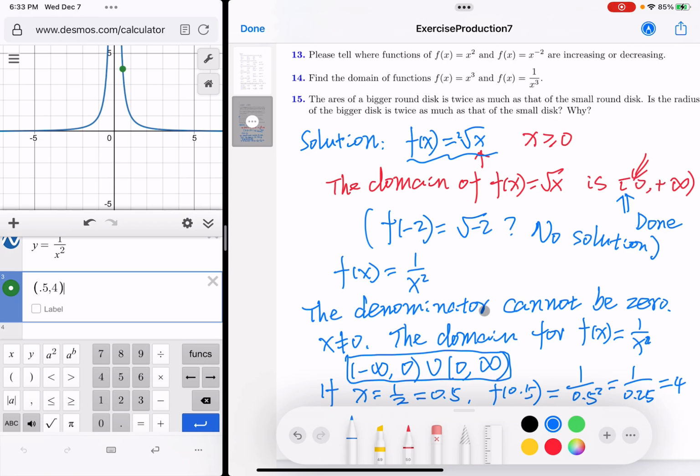And when a variable is in the denominator, the domain would be x cannot be 0. Those two are very typical, and that's what we normally will see. There are no other cases at this moment. We only have greater than or equal to 0, or not 0 on the denominator, those two cases.